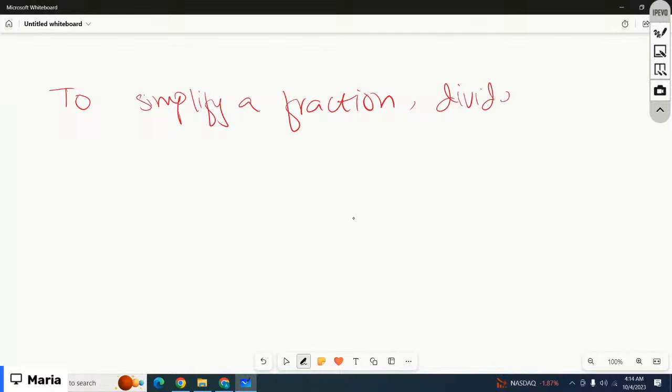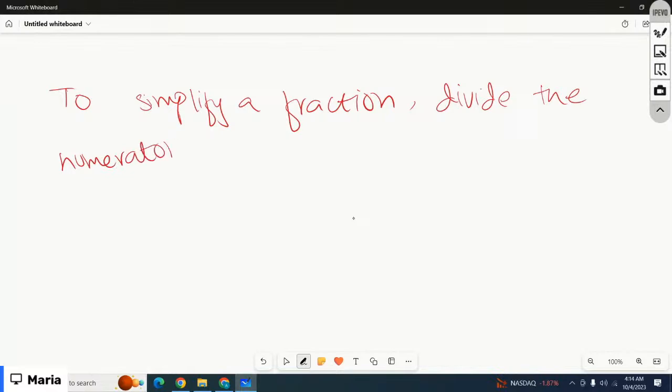You need to divide both numerator and denominator by the common number that can divide into both numbers exactly, right? To simplify a fraction, you can note down the definition.